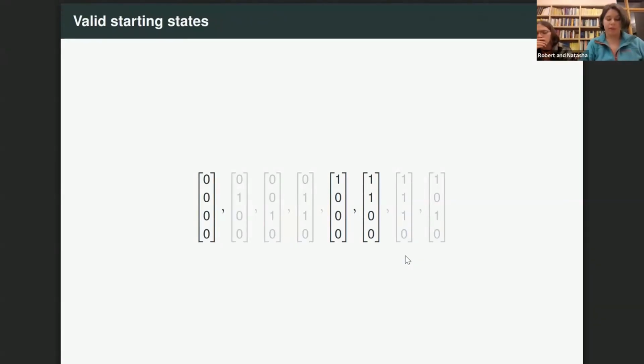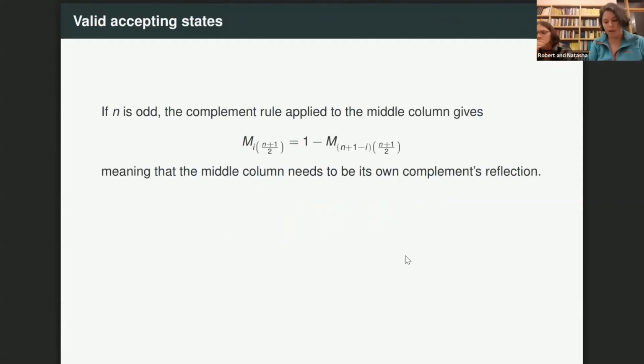And now we think about accepting states. If n is odd, then when we go to fill in the right half, the very edge of our right half is already filled in, which really corresponds to the fact that if n is odd, then the complement rule applied to the middle column says m i, n plus 1 over 2 is equal to 1 minus m, n plus 1 minus i, n plus 1 over 2.